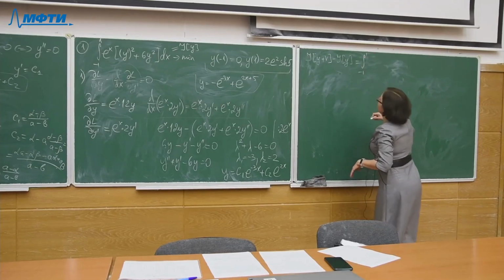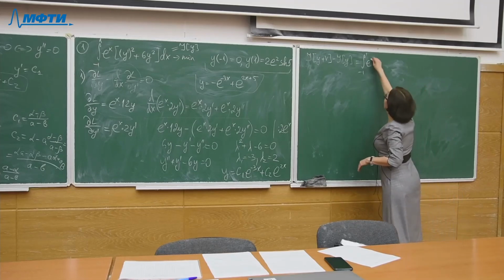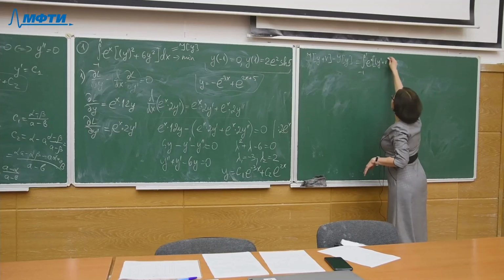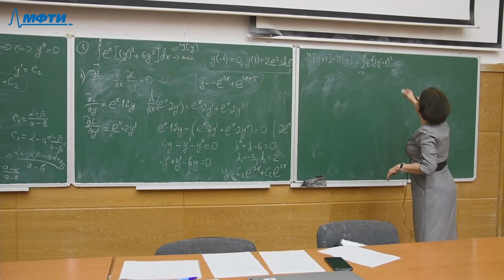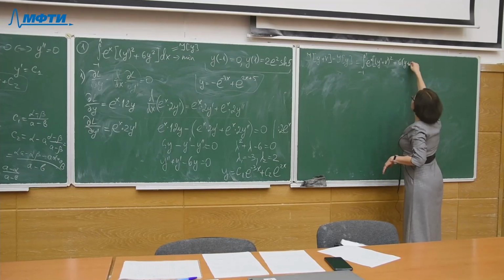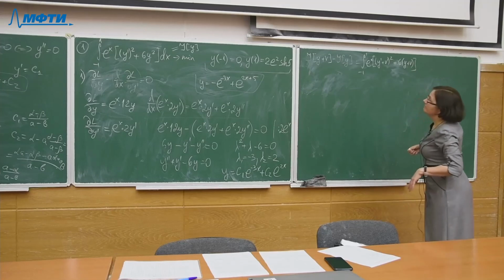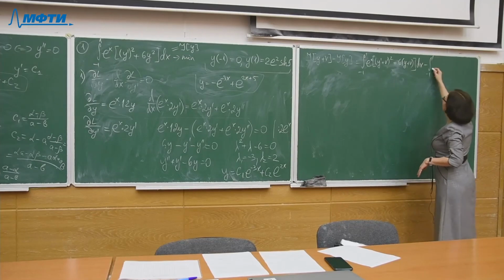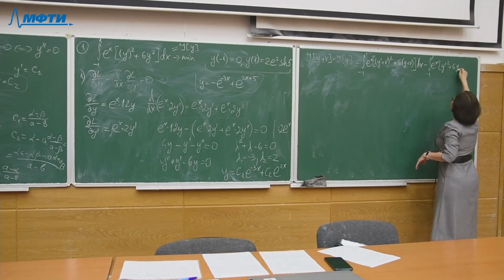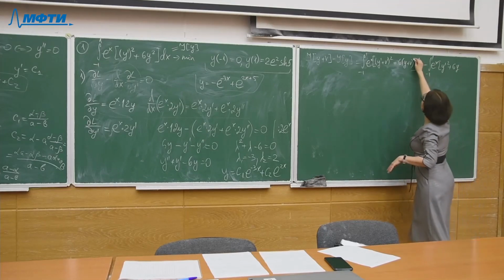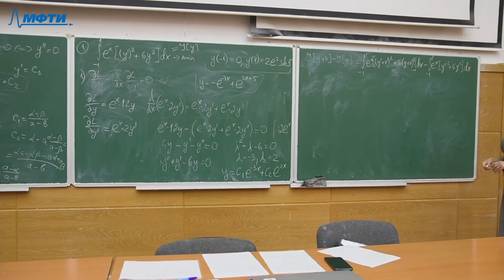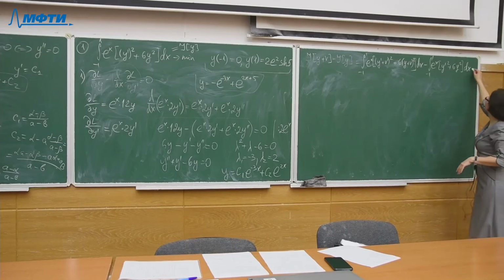It will be the integral from -1 to 1 of e to x times (y prime plus v prime) squared plus 6(y plus v) dx, minus the integral from -1 to 1 of e to x times y prime squared plus 6y dx.